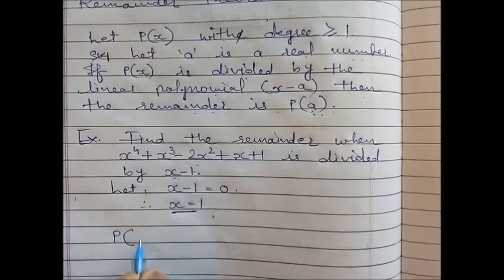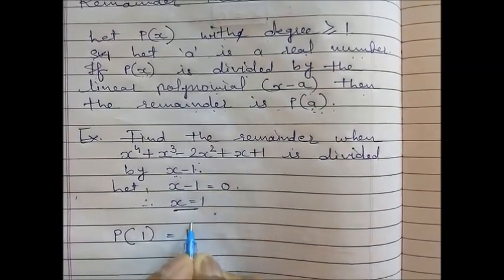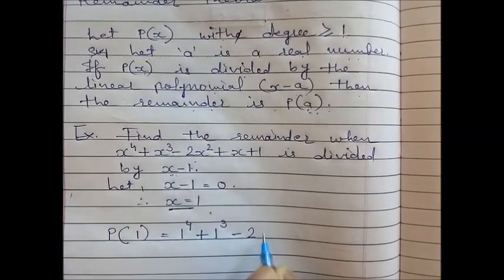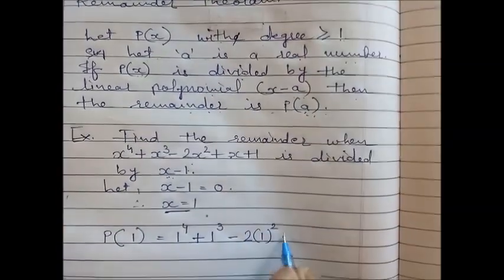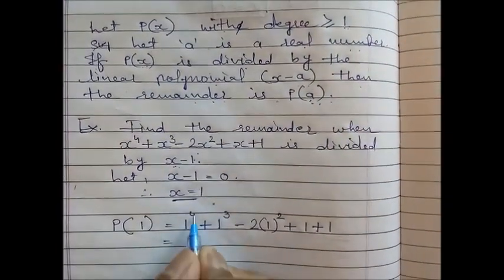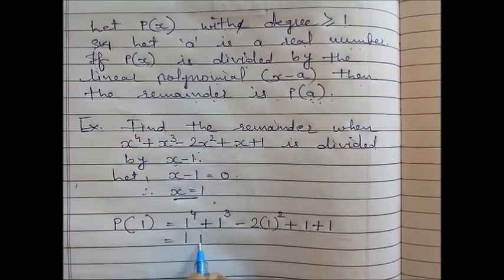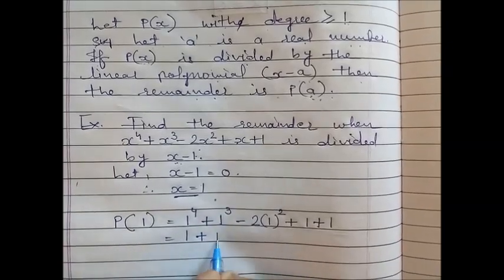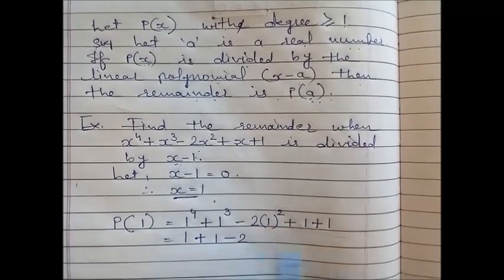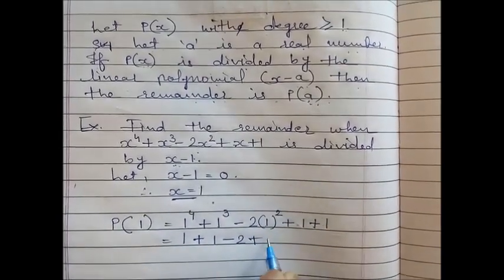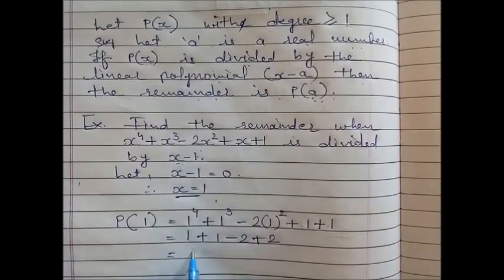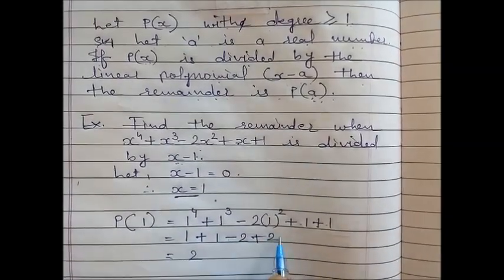That means p of 1 is equal to 1 raised to 4 plus 1 raised to 3 minus 2 into 1 raised to 2 plus 1 plus 1, right? 1 raised to 4 is 1, plus 1 raised to 3 is 1, minus 2 into 1 raised to 2, that is 1 into 2, 2, plus 1 plus 1, 2, right, is equal to 1 plus 1, 2, minus 2 plus 2.